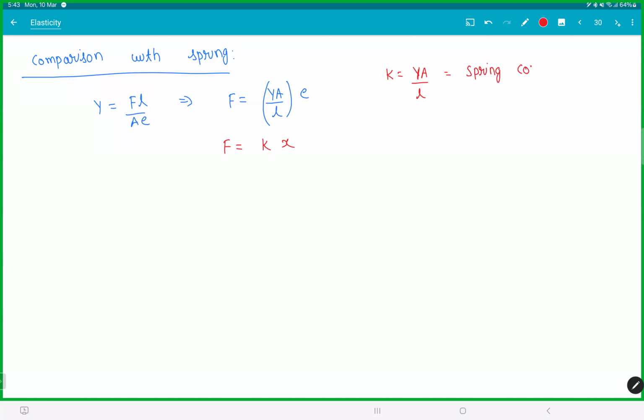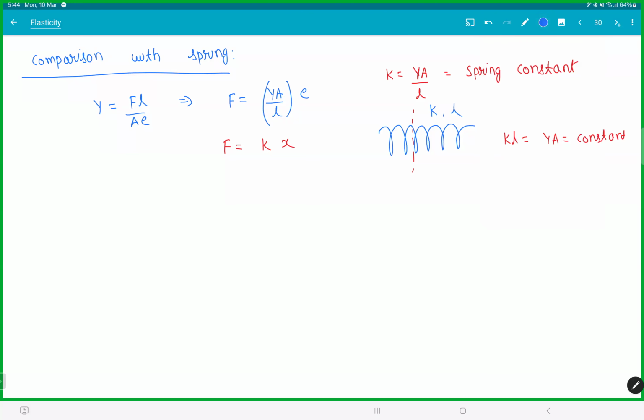Now, if you remember, in NLM, we did this thing. When you cut a spring, what changes? If you have a spring, K and length L, and if you cut a spring, Y will remain constant. Young's modulus will not change for a material. Area of cross section will not change. So K into L remains constant whenever you cut a spring.